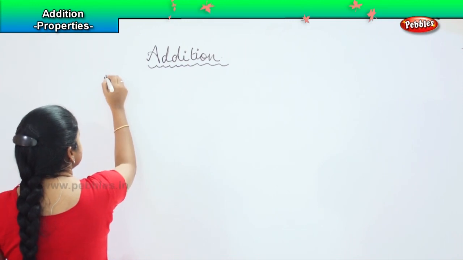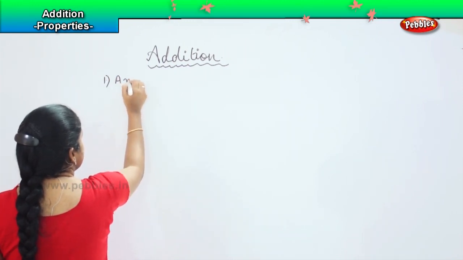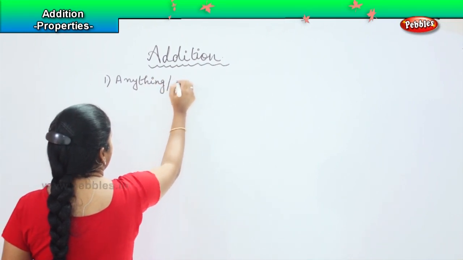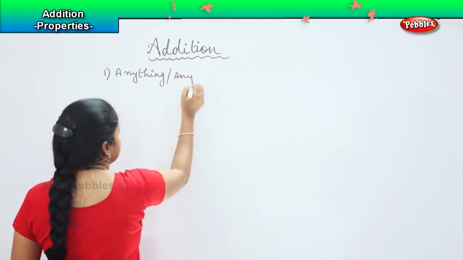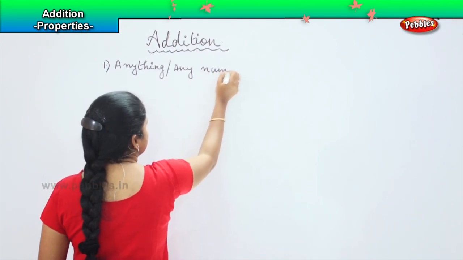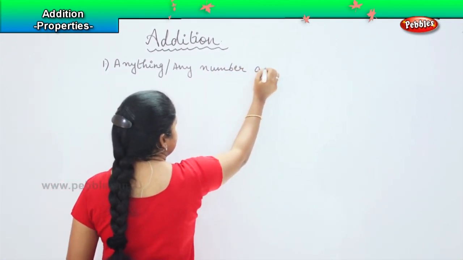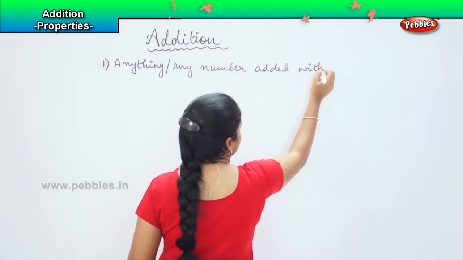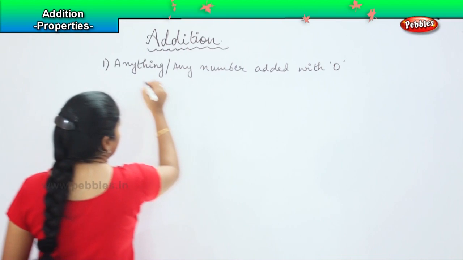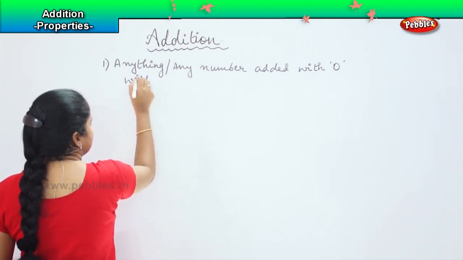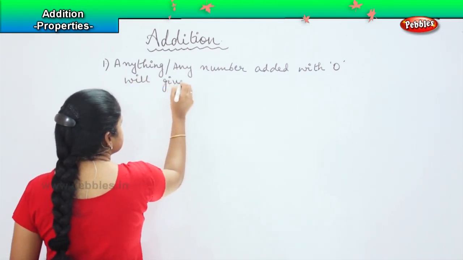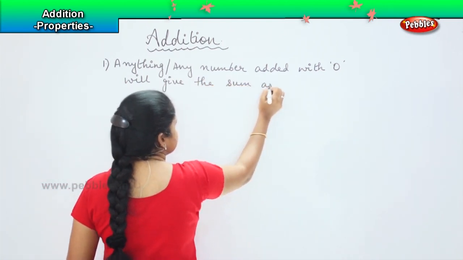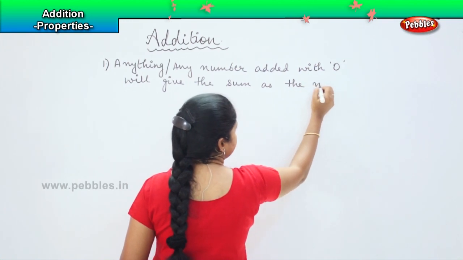Okay, the first property is: any number added with a 0 will give the sum as the number itself.